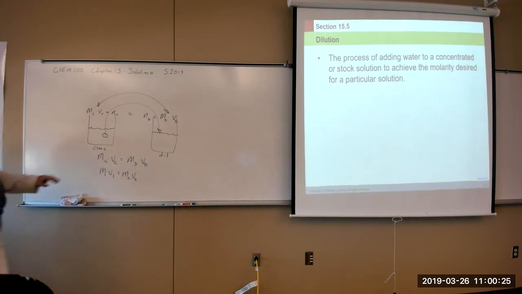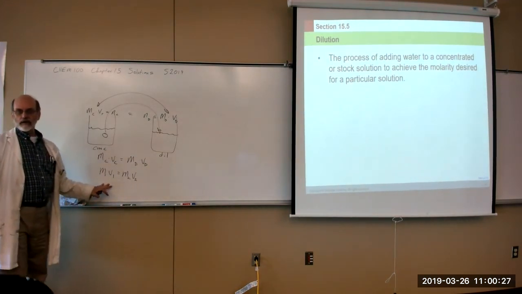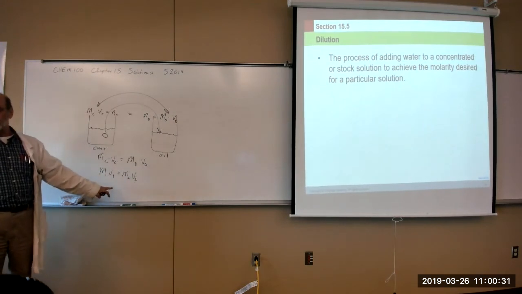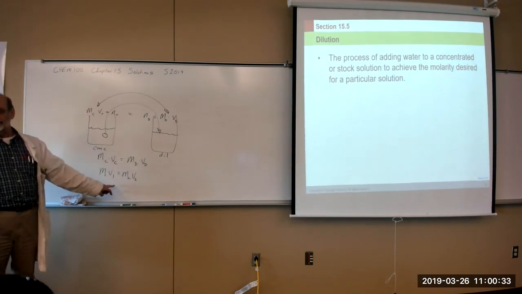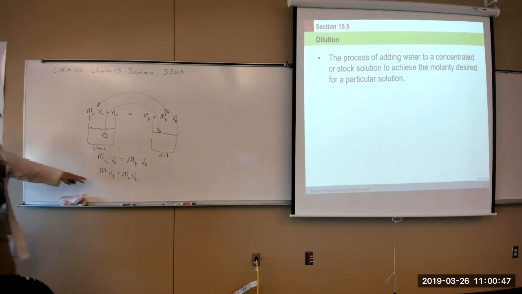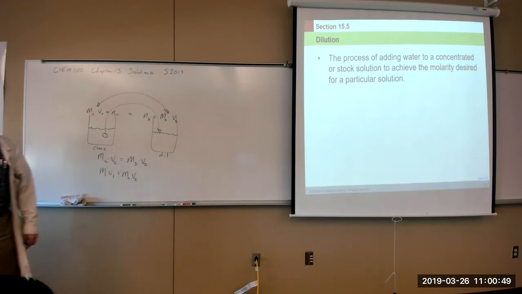So when you use this ratio, you can keep milliliters here and milliliters there. You don't have to change it to liters. That saves you a step. If you're using the original formula where molarity equals moles divided by volume, and that's all you're using, you do have to have volume in liters. But when you're using the ratio, you can use milliliters.